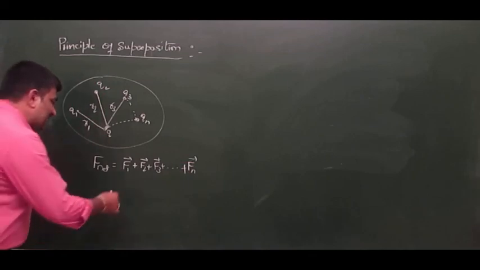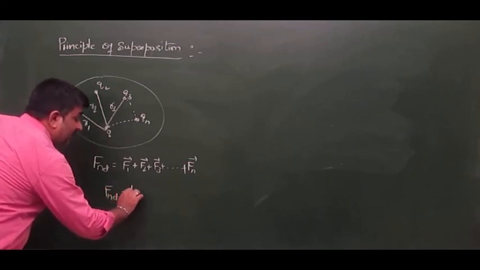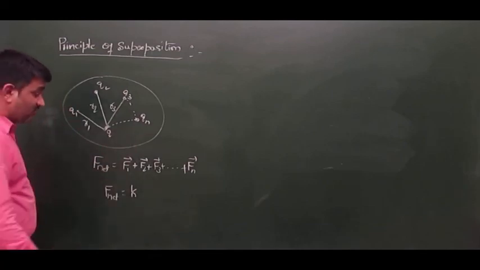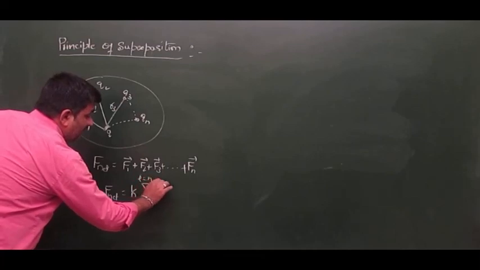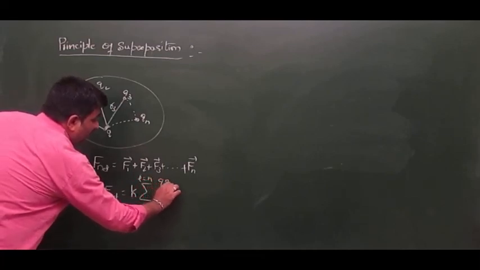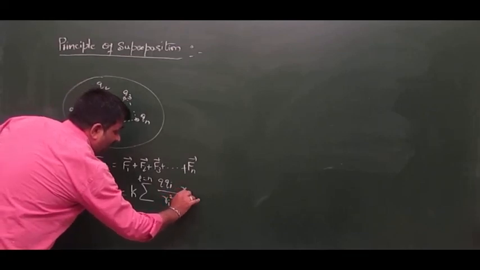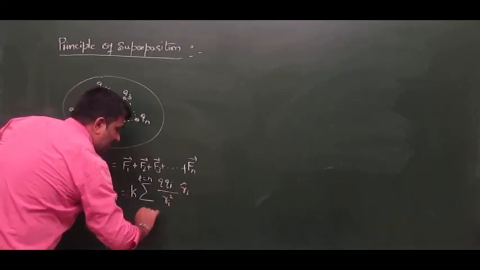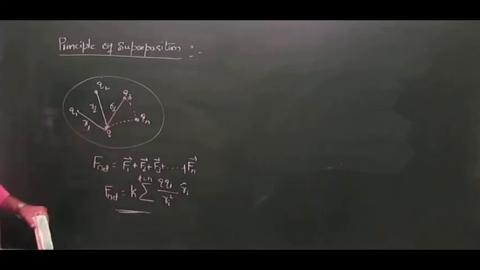In summation we can write F net is equal to K, the proportionality constant or Coulomb's constant, into the summation of i equals 1 to n of Q into Qi divided by Ri square into Ri cap. So this is the expression for the net force when there is a system of charges.